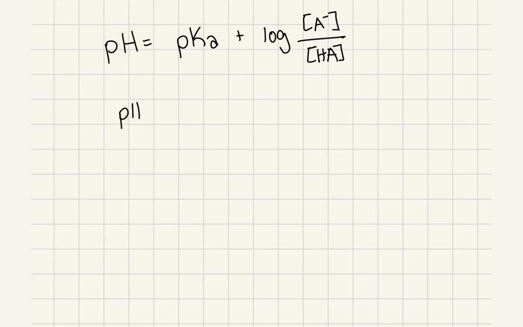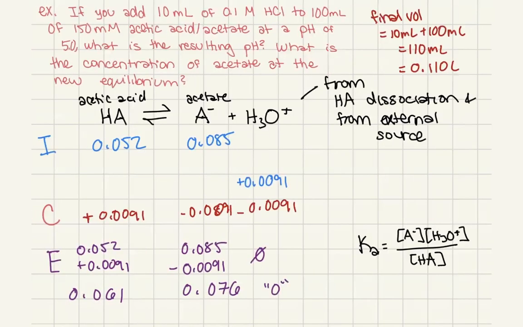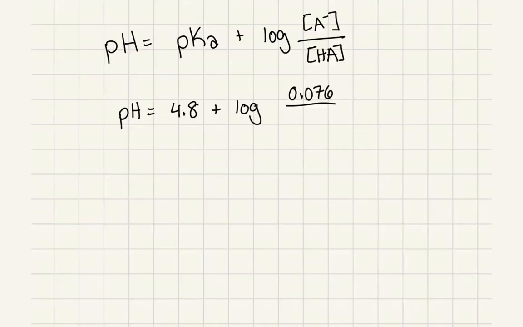So our pH is our same pKa that we've been talking about, that 4.8, plus the log of our acetate, 0.076, over our acetic acid, 0.061. Now we can solve this equation, and we get that our pH is going to be 4.9.